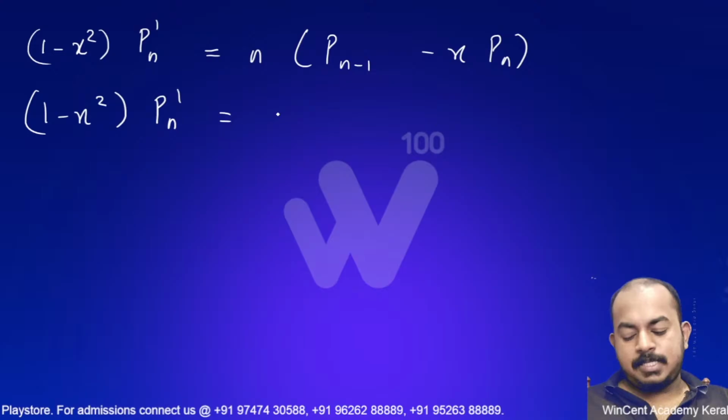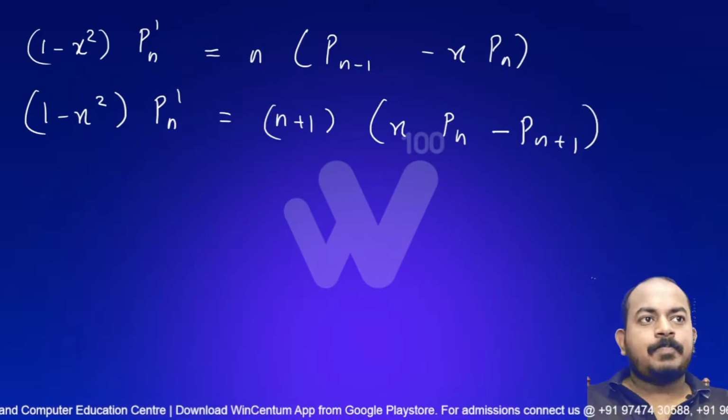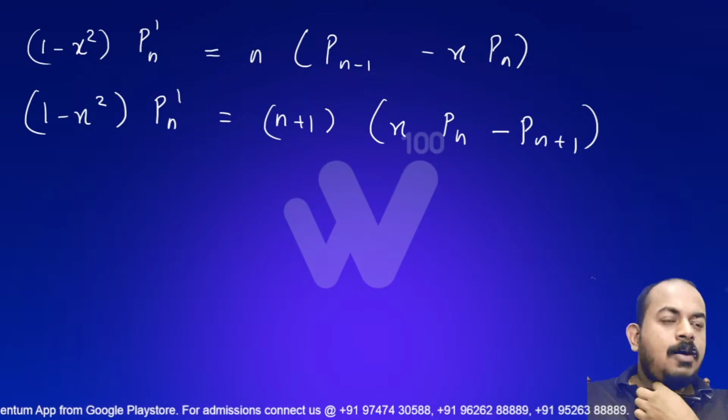So these are the next two recurrence relations, and we have to remember the form of the recurrence relations. From these recurrence relations, we can get the next two or three terms of the Legendre's functions or the series.